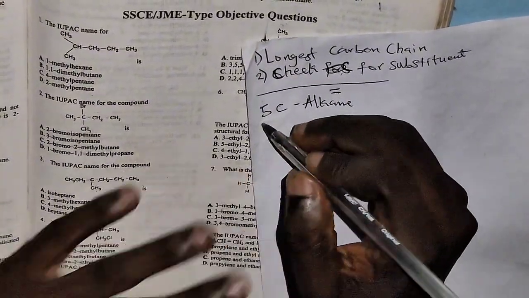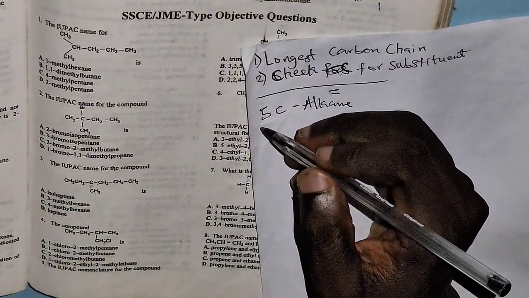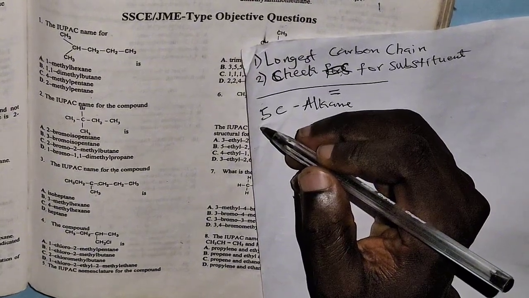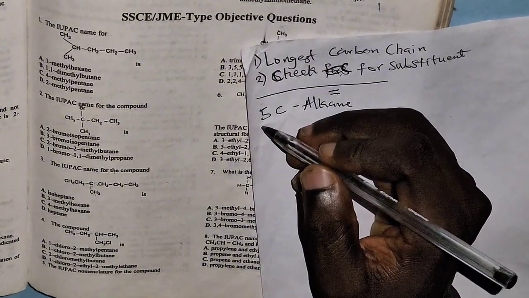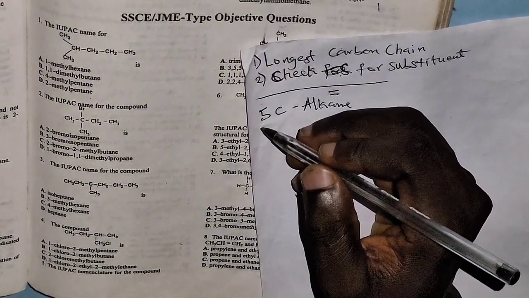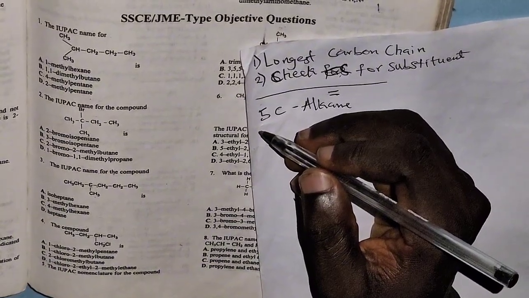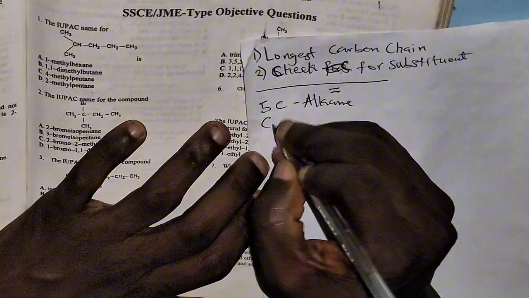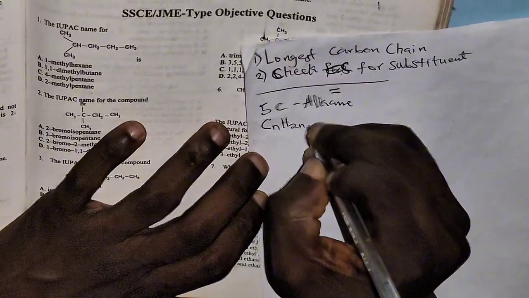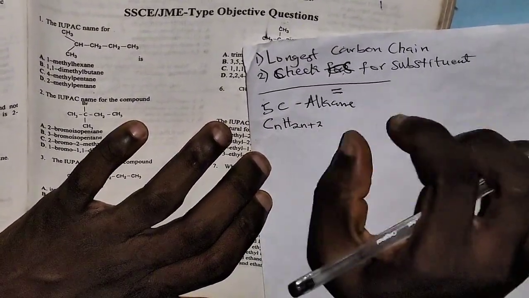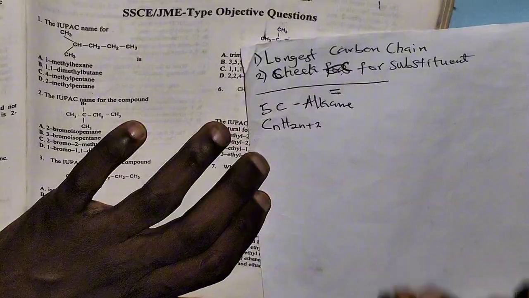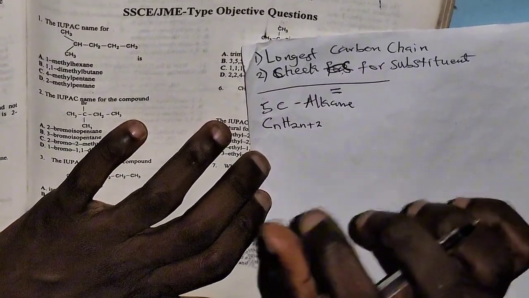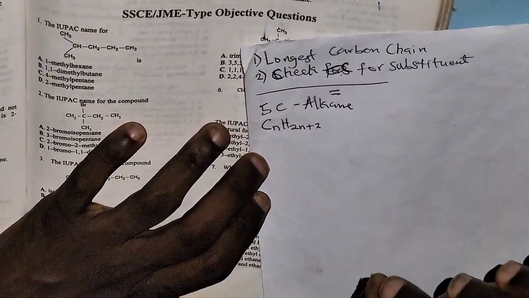I've prepared several videos on an easy way to memorize the formulas for alkanes, alkenes, alkynes, and cycloalkanes. The formula of alkane is CnH2n+2. I give you tricks on how you can easily know all the formulas.